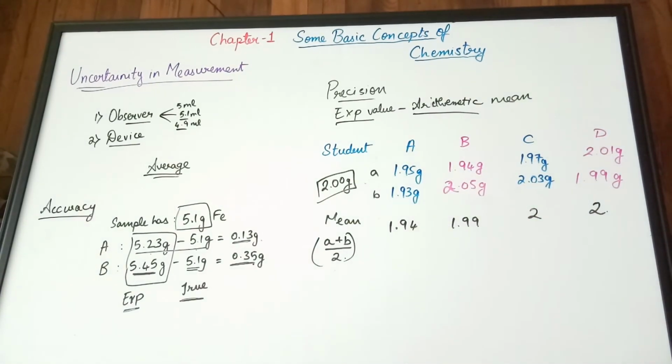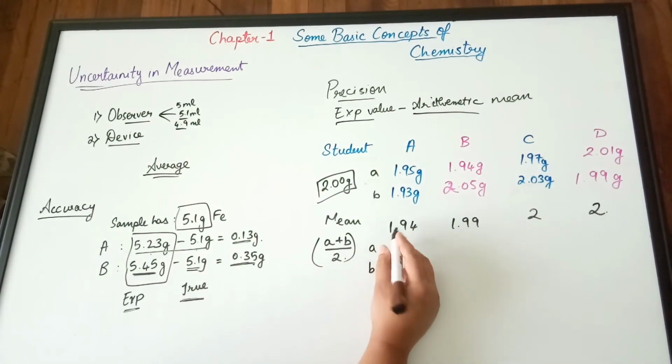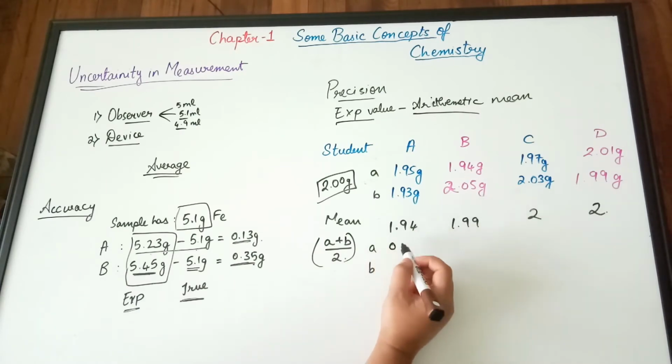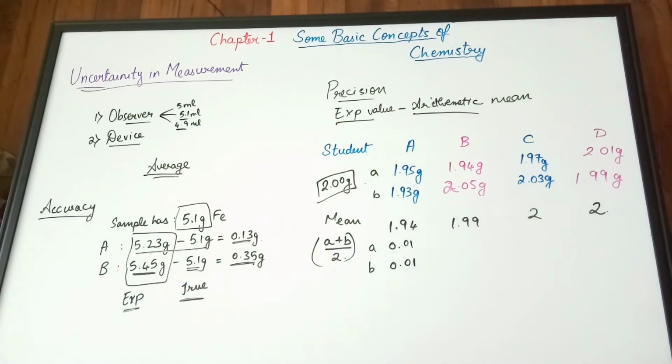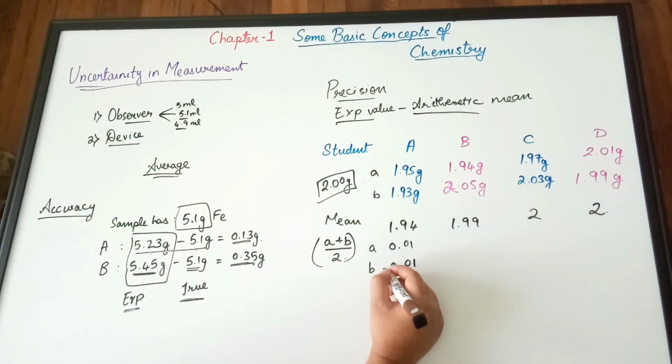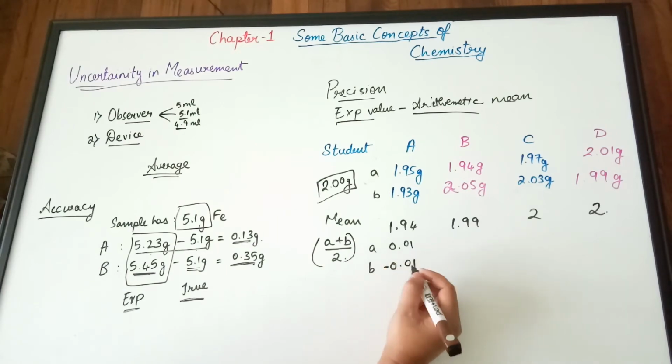Now the precision is nothing but the experimental value minus the arithmetic mean. For the first case, experimental minus the arithmetic mean: 1.95 minus 1.94 will give you 0.01, and 1.93 minus 1.94 will give you minus 0.01.